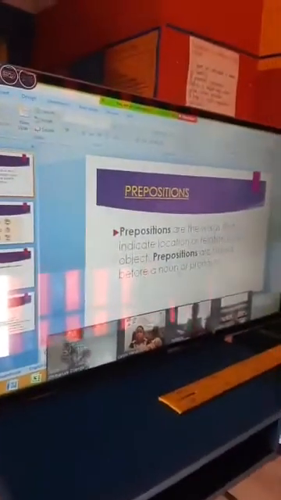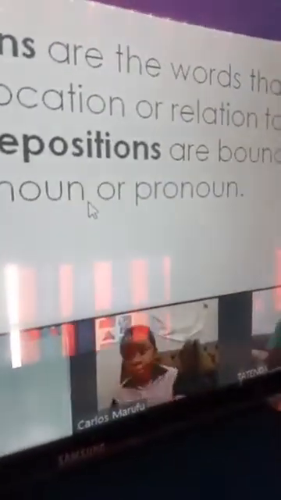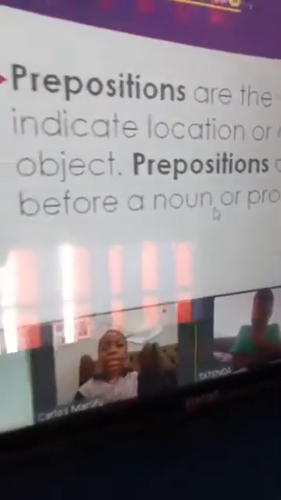Yes, Carlos? Prepositions indicate location or relation to an object. Carlos is actually reading the definition that I wrote on the screen. In simple terms, a preposition is a word that tells us the location or the position in which something will be. Is it clear?